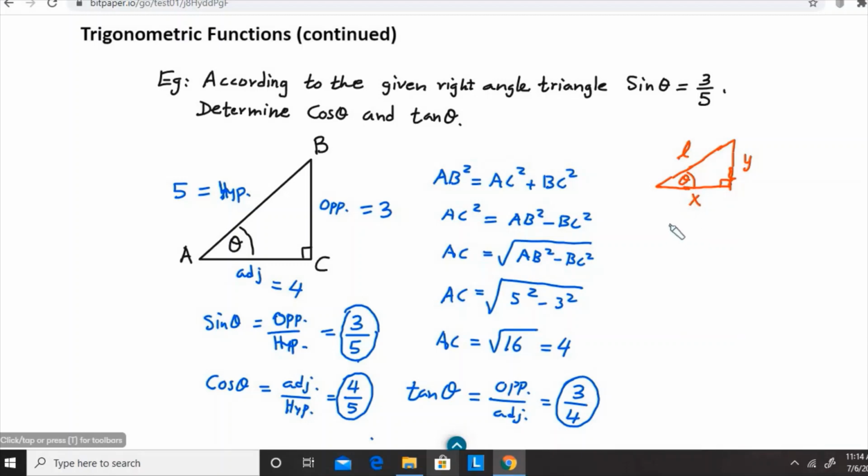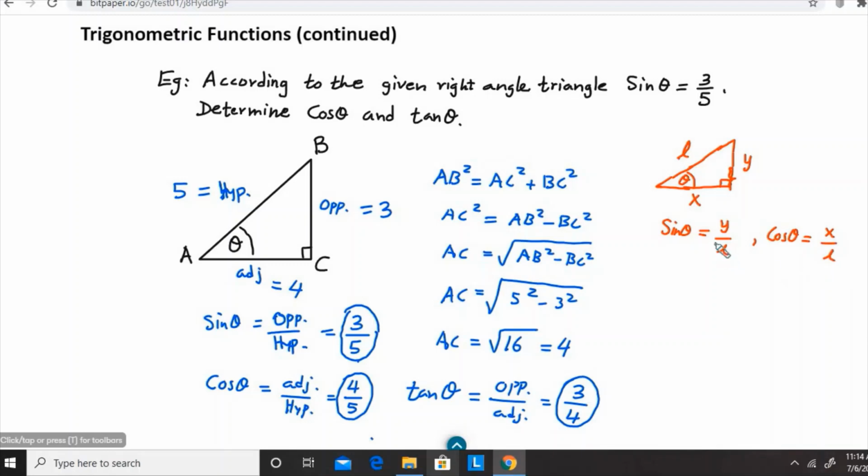And then apply the definition of sine theta, opposite over hypotenuse, Y over L. And then the other one, cosine theta. By definition, that's the adjacent over hypotenuse. Adjacent, as we identified, that's X over L.